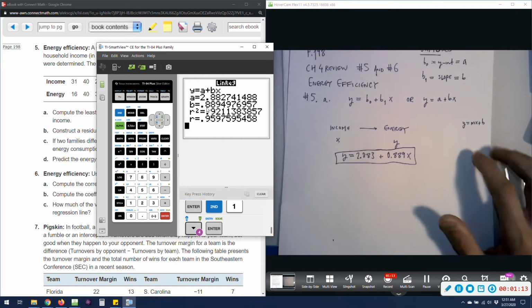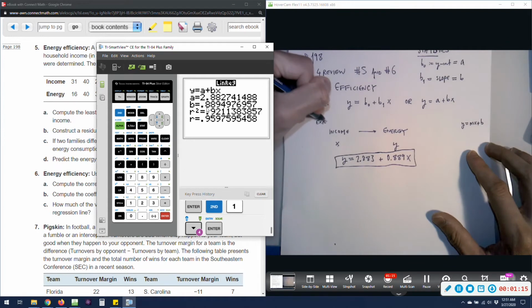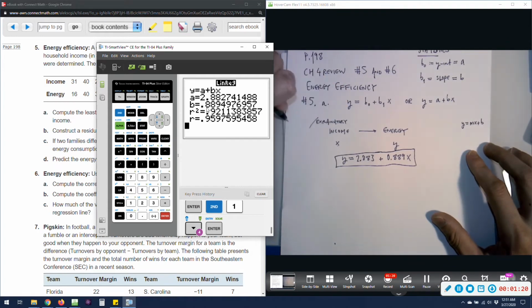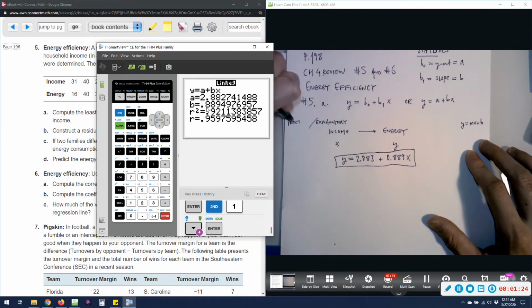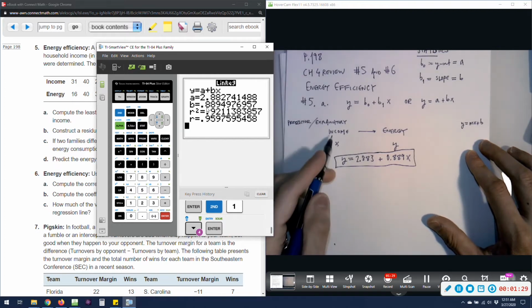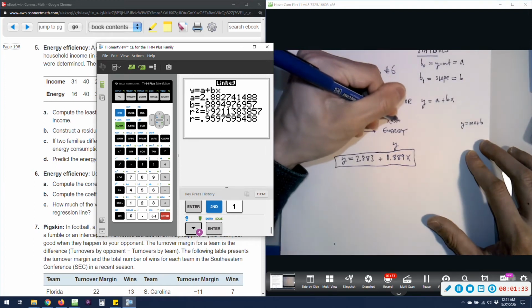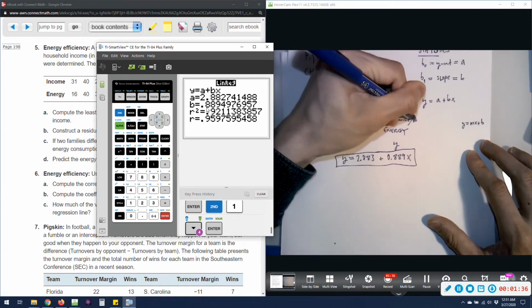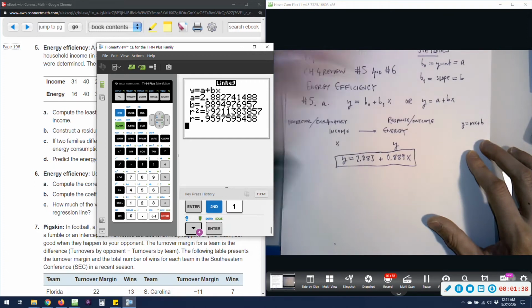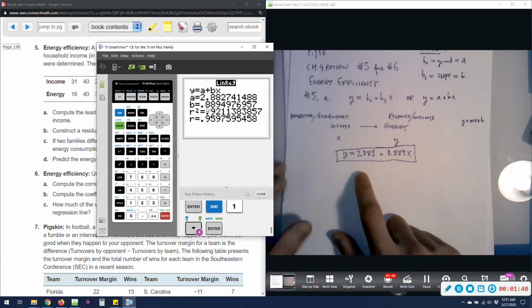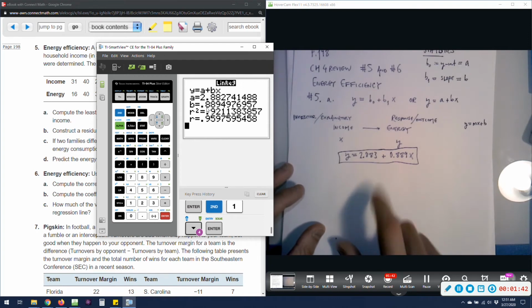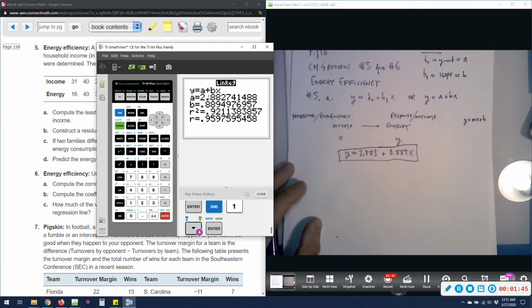So you have to think about which one's the explanatory, or predictor, and which is the response, or the outcome. Remember we have all these words that mean the same thing. But at the end of the day, you're just computing this. So we just finished A.